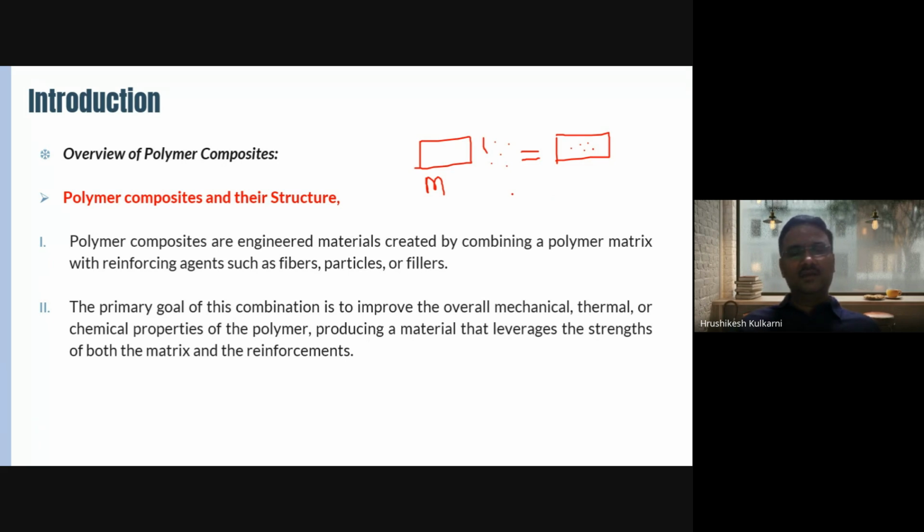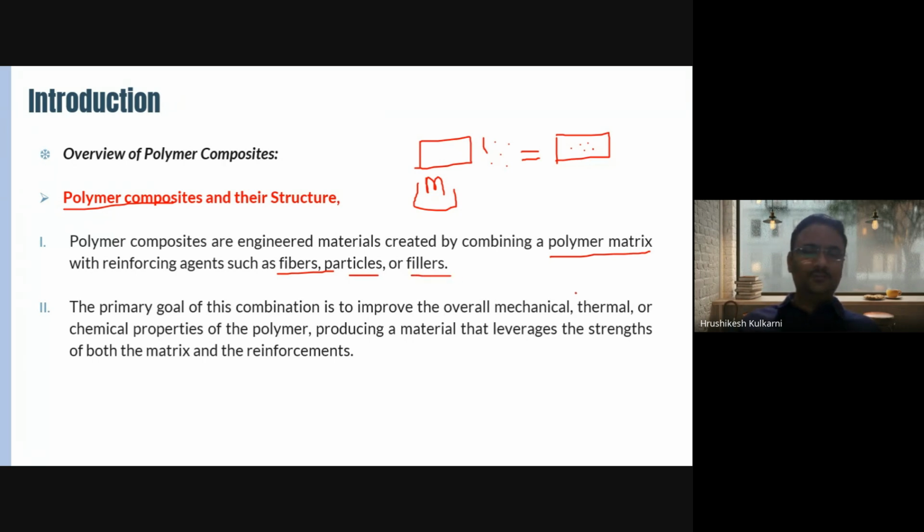Composites are classified into different types, like metal matrix composites, ceramic matrix composites, and polymer matrix composites. In polymer matrix composites, our focus will be on polymers as the matrix, and the fillers may be of different kinds based on the application. Here we combine the polymer matrix with fibers, particles, or fillers.